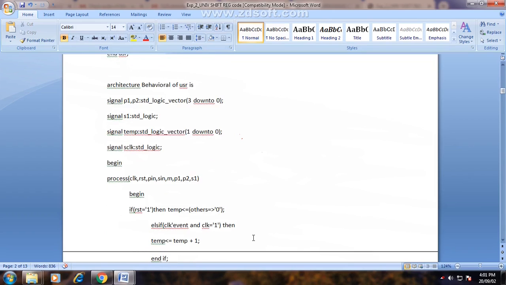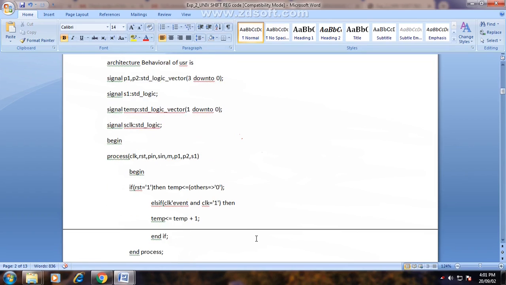Coming to the architecture part, as I explained in the block diagram, here is why we have defined these intermediate signals P1, P2, S1. P1 is taking the input from P in, P2 is transferring the output to P out, and S1 is transferring the output to S out. In addition to that, for implementation on the board, we need to slow down the clock.